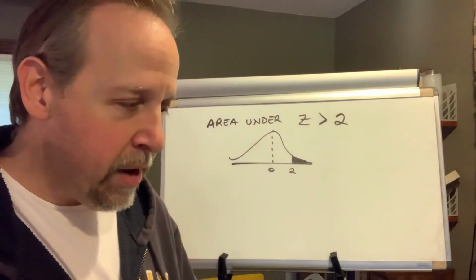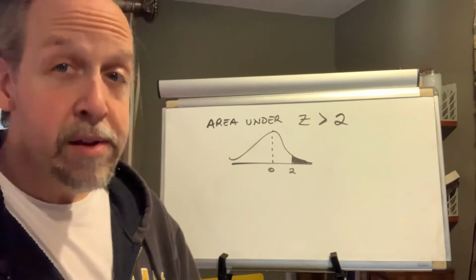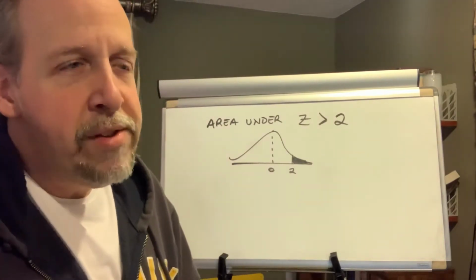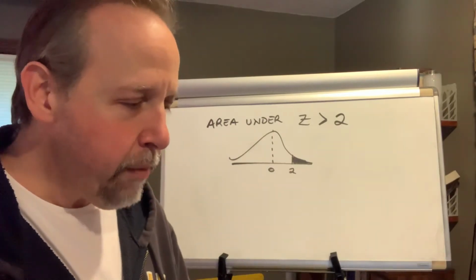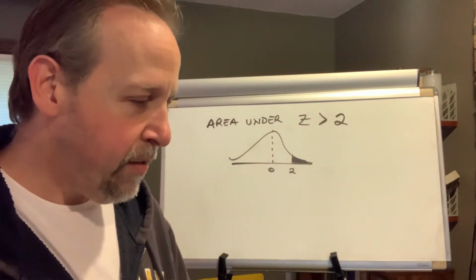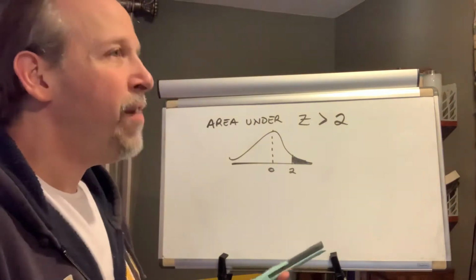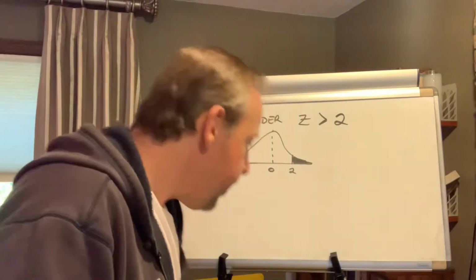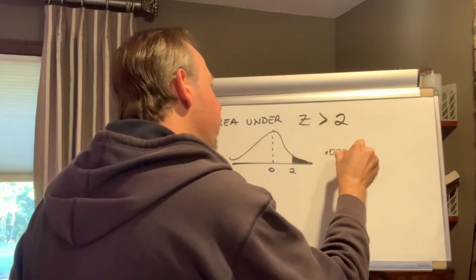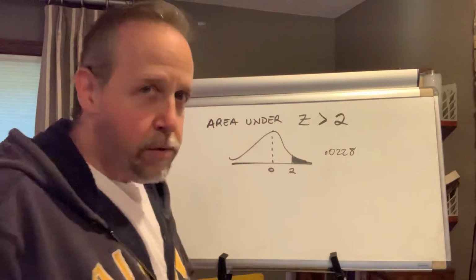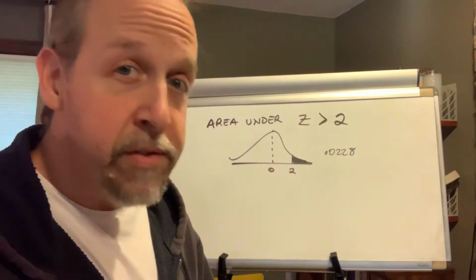If you want to type in 1 E99, feel free, but 10,000 is a good estimate for the essentially boundless right side of this curve. 0 and 1 are still our mean and deviation. Paste, enter, we get 0.02275, but we have to go to only 4 decimals, so 0.0228. 2.28% of my data is contained above a z-score of 2.